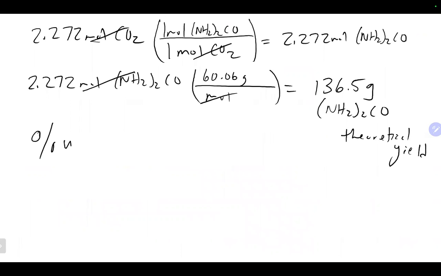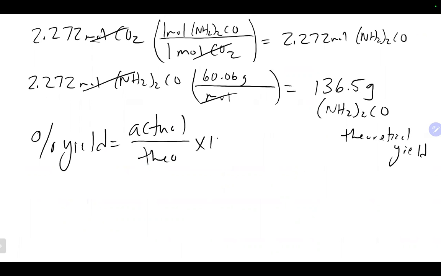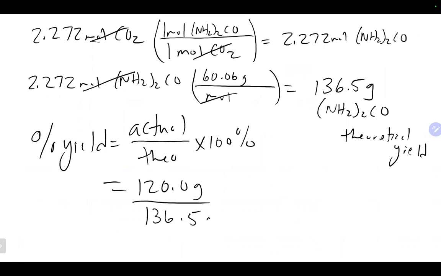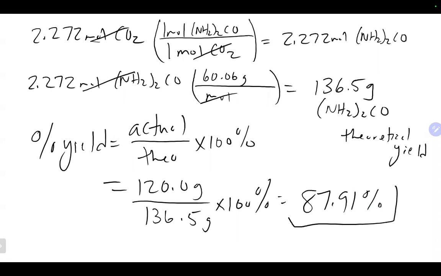So our percent yield in this case is actual divided by theoretical times 100%. Actual given to us, which was 120 grams, divided by our theoretical 136.5, times 100%, is going to yield us an 87.91% yield. Not terrible, not great, but not super bad.